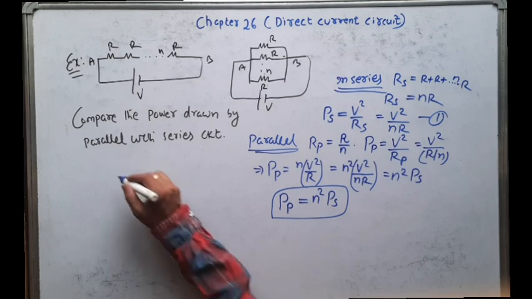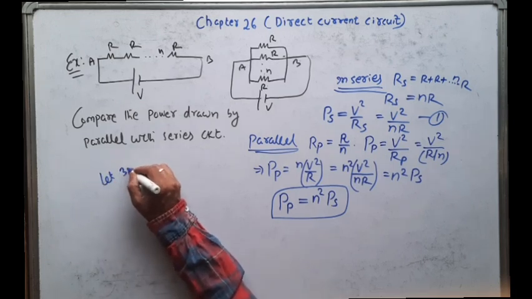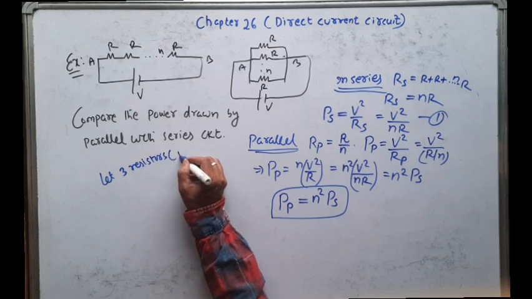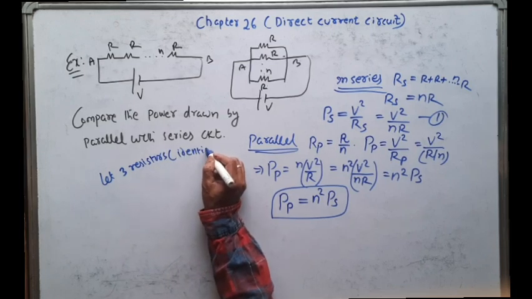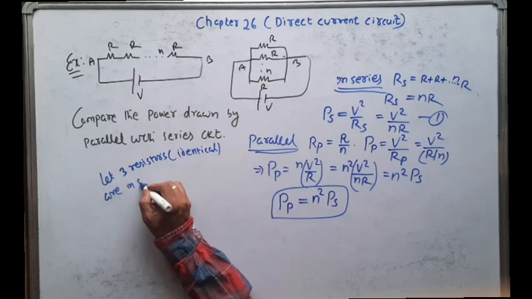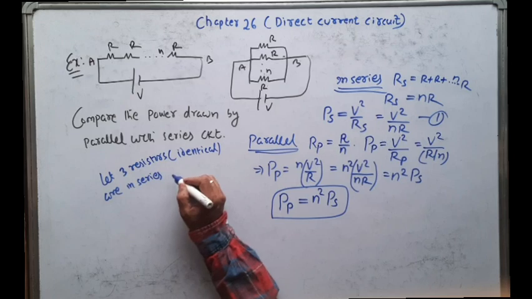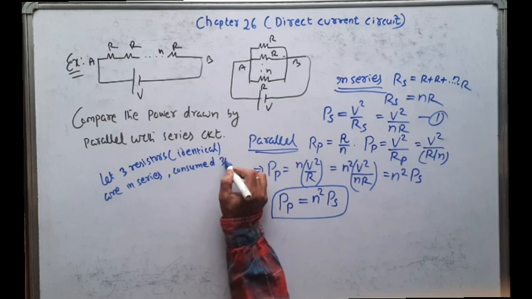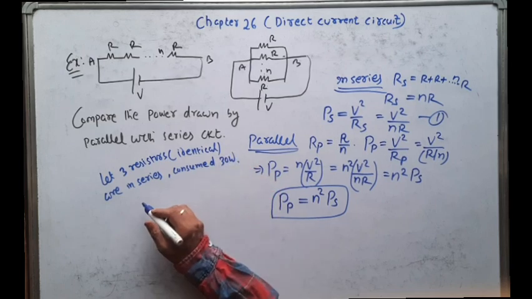Just take an example. Let 3 identical resistors be connected in series, and all the resistors together consume 30 watt power.